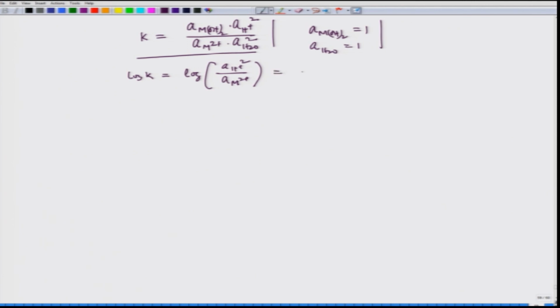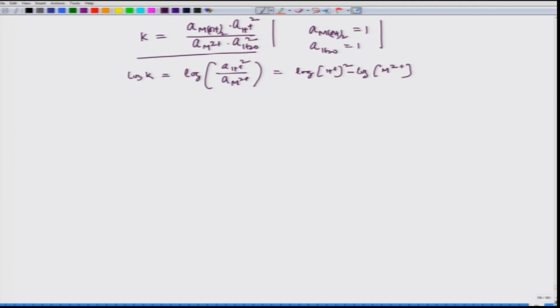I can write, if I convert activity into concentration, assuming that it is maintaining an ideal solution. In case of an ideal solution, activity becomes concentration. In that case I can write log K equals 2 log H plus minus log M2+.